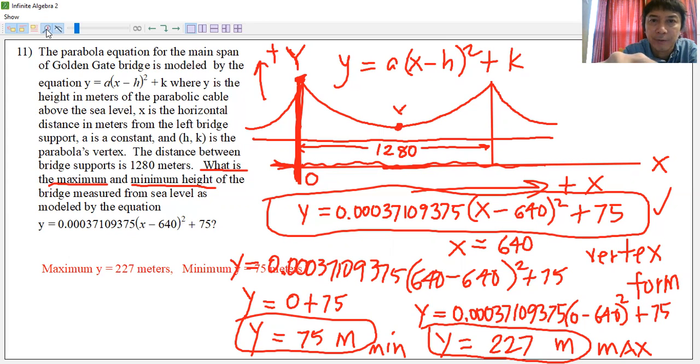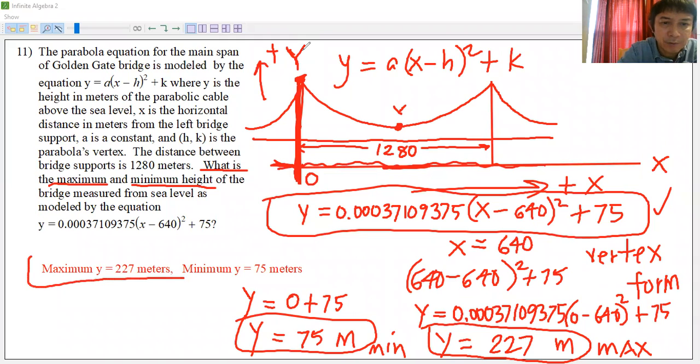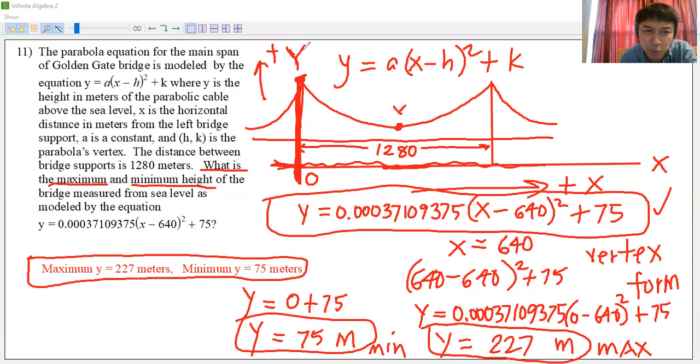Let me lower this part. There, so you can see the answer over here. That's a maximum of 227 meters and a minimum of 75 meters. So let me just write what I have erased.